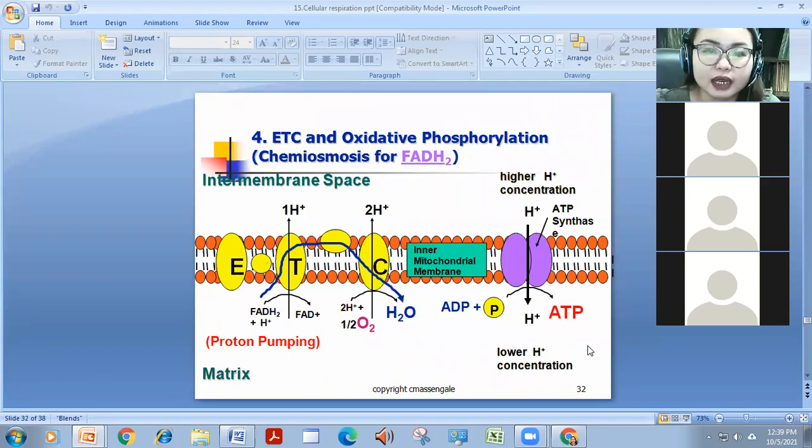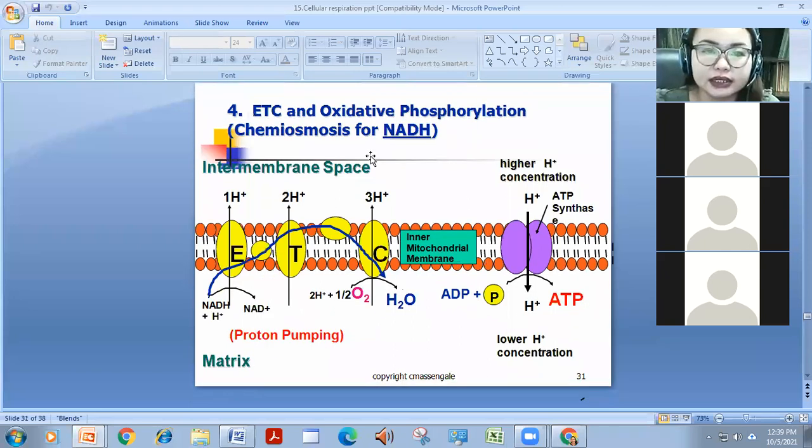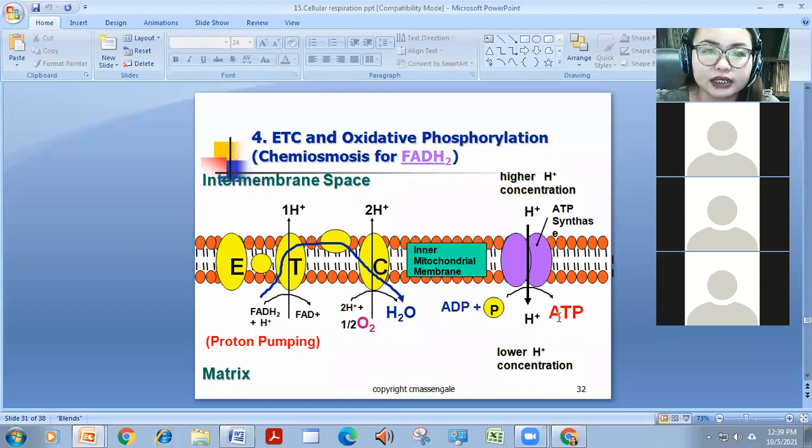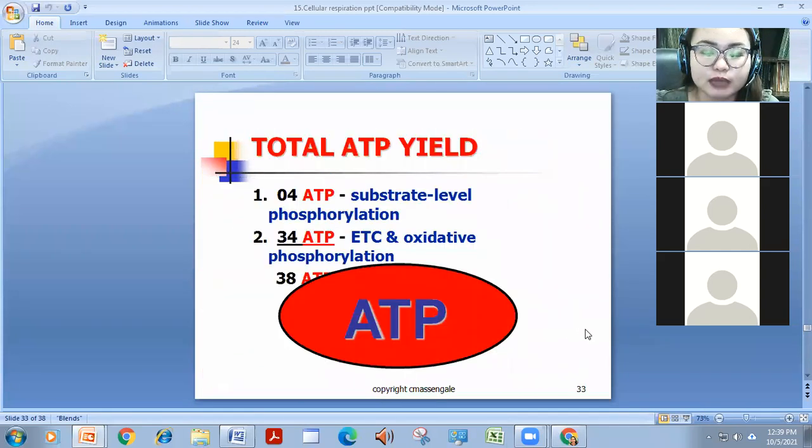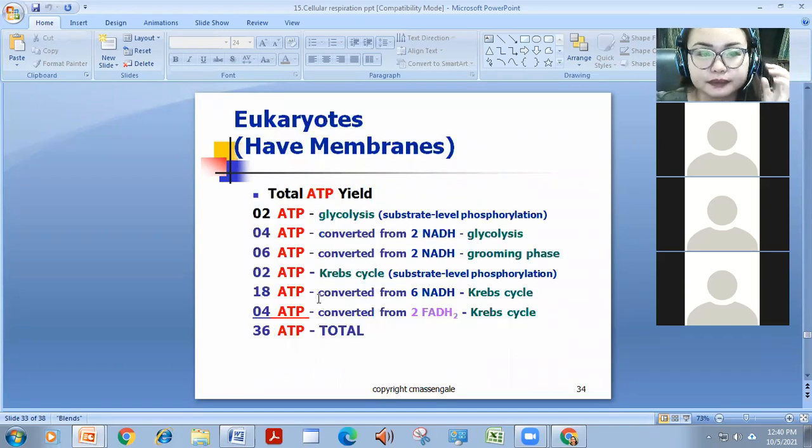So again, this is the NADH, and this is for the FADH. So the same proton pumping. And now the total yield for ATP is 4 and 34 ATP during the oxidative phosphorylation, and a total of 38 ATP actually.